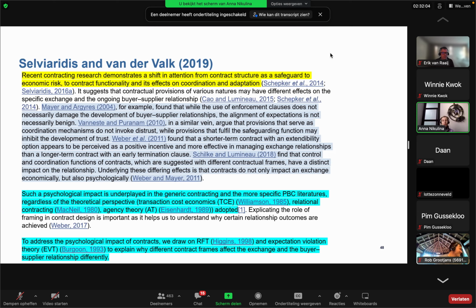So one thing I mentioned when I was explaining the time factor, that it's important to build bridges between classics and recent research, and that's exactly, I think, what the first sentence does. It highlights what recent contracting research does, and it tells you that there's been a shift in attention. So it clearly tells you what was there before and what is there now.